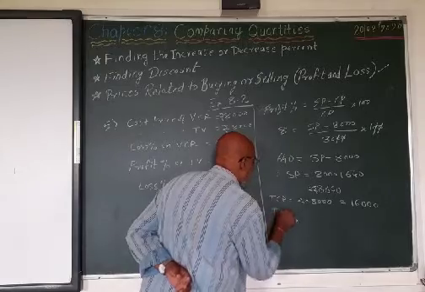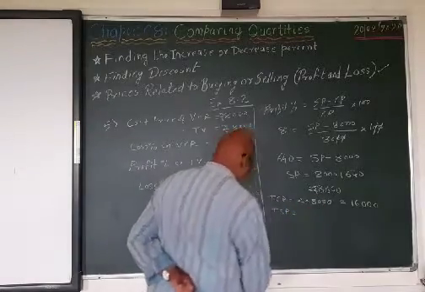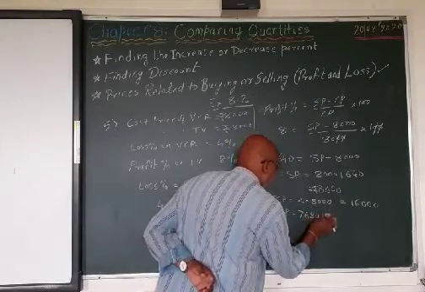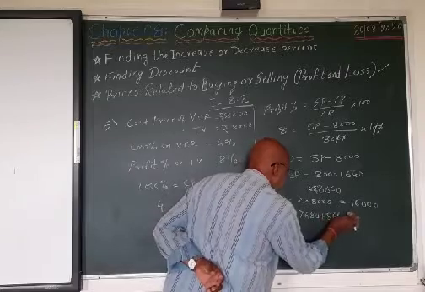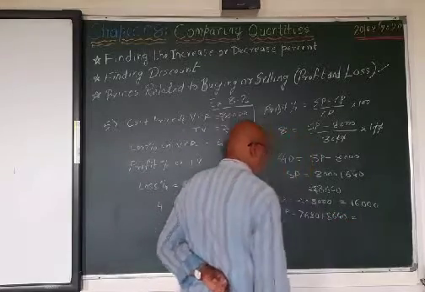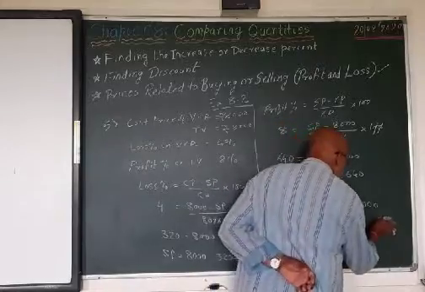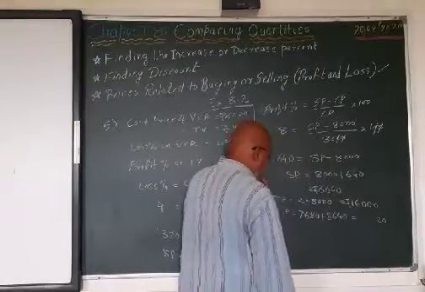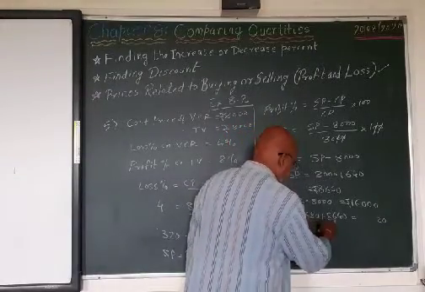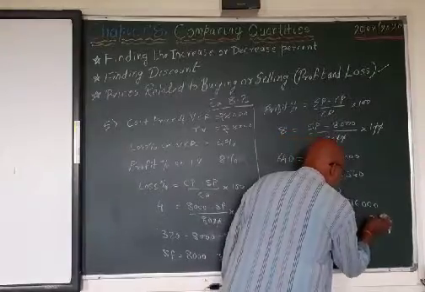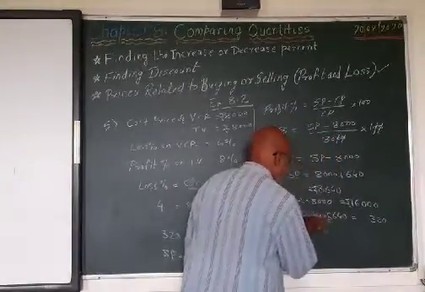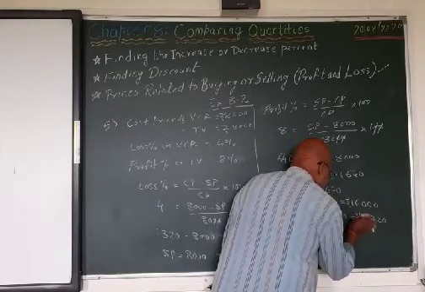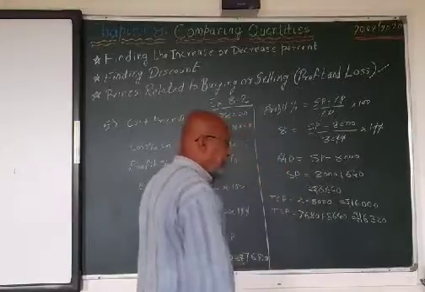Total selling price equal to 7,680 plus 8,640 equal to, 0 and 0 is 0, 8 and 4, 12, then 7 and 6, 13, 1, 8 and 8, 16. Rupees 16,320.